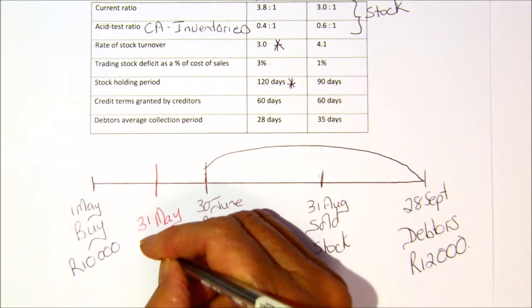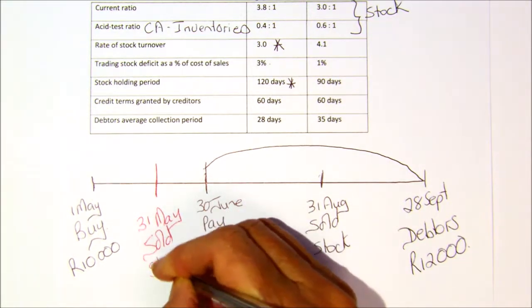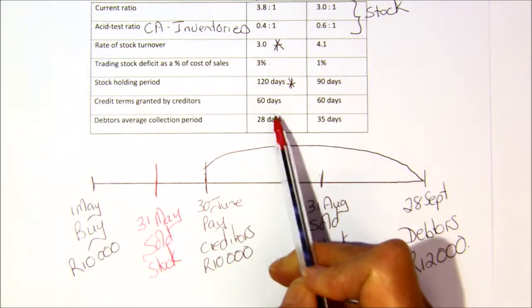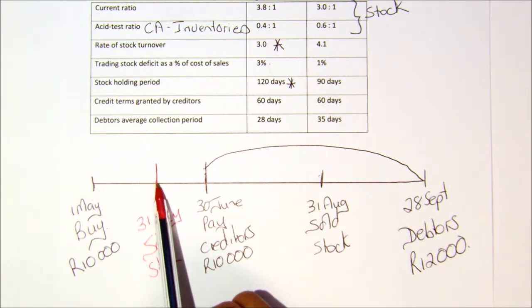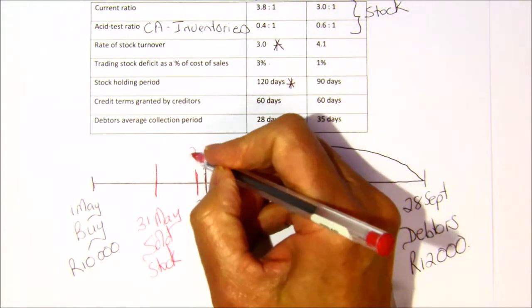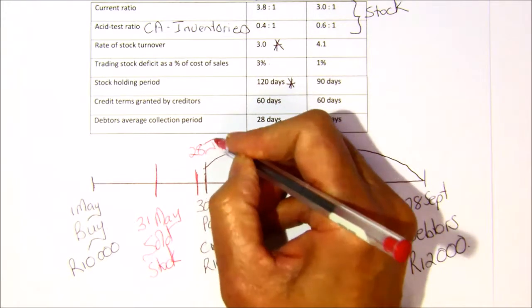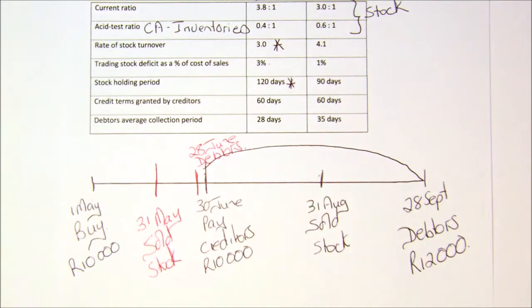So by the 31st, you would have sold all of that stock. Your debtors are taking 28 days. So yes, some of it's coming in, but from the 28th here, and it'll go to roughly the 28th of June, and by then you would have collected all the money from your debtors.